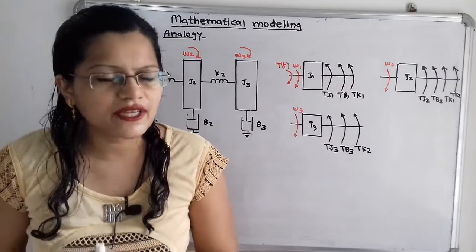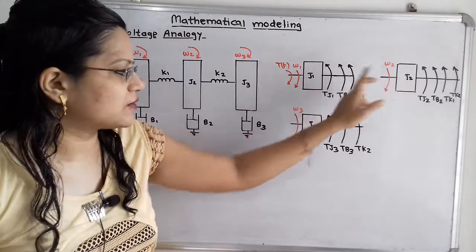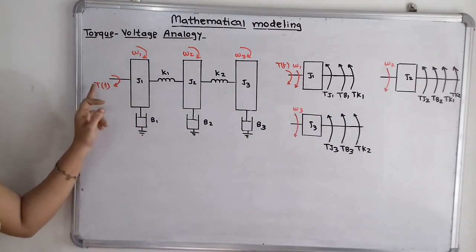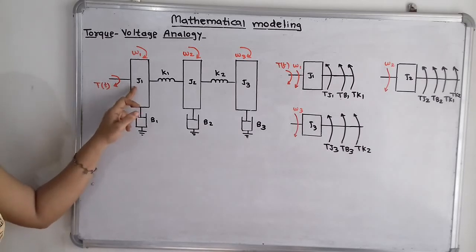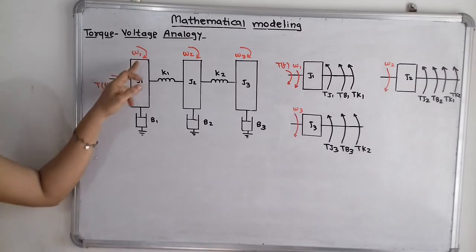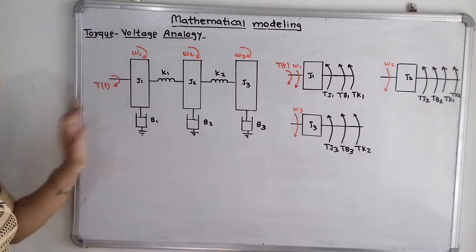While drawing the free body diagram, we have to take these three masses with J1, J2 and J3. Now if we observe this J1, then here the applied torque T is related to J1, then omega 1 is in the same direction of the applied torque T. So we have to show that.